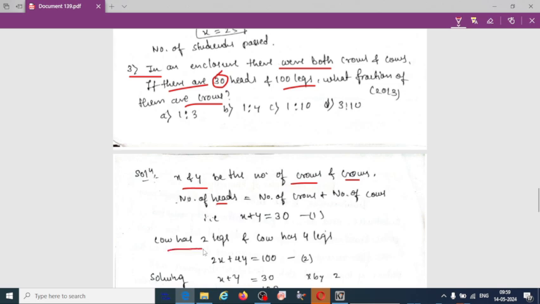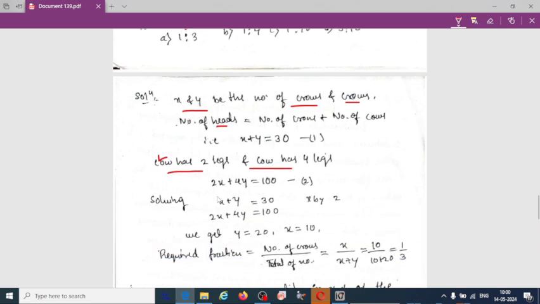So a crow has 2 legs and a cow has 4 legs. That means 2 into x, 4 into y. 2x plus 4y, if you add, the total number of legs is 100.